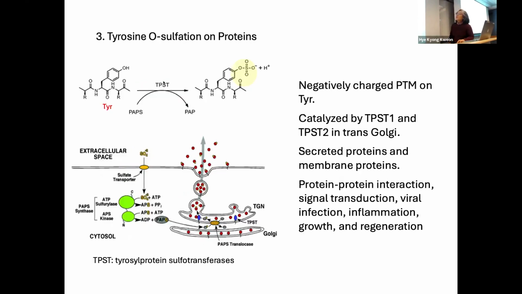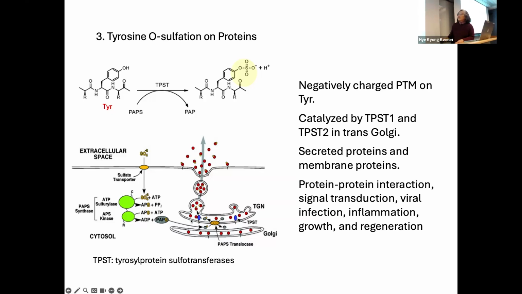Okay, next I'll talk about protein sulfation, the main topic that I'm going to present today. So protein sulfation: the path goes from inorganic sulfate to PAPS, the biologically active form, which is transported to the Golgi in the cell.